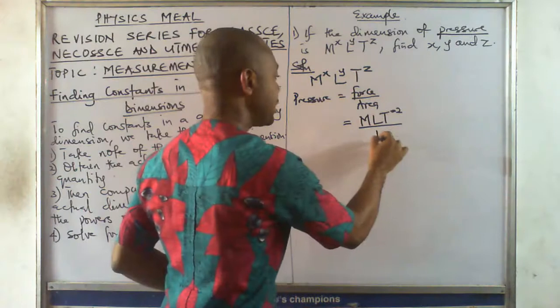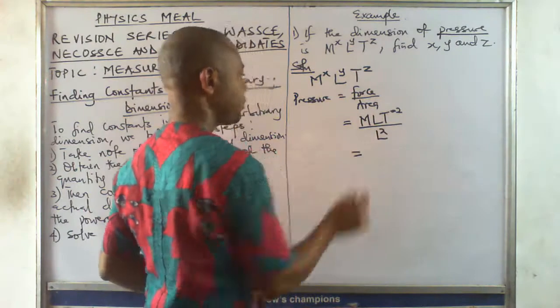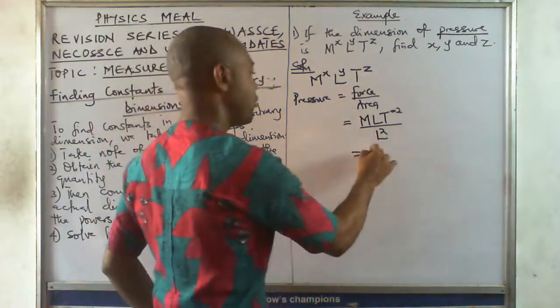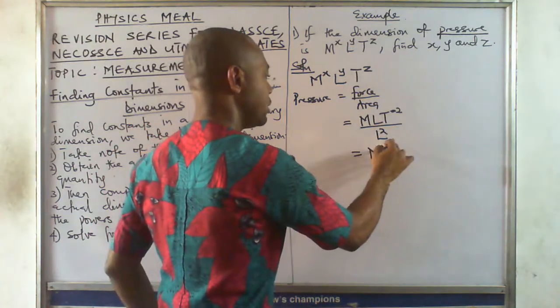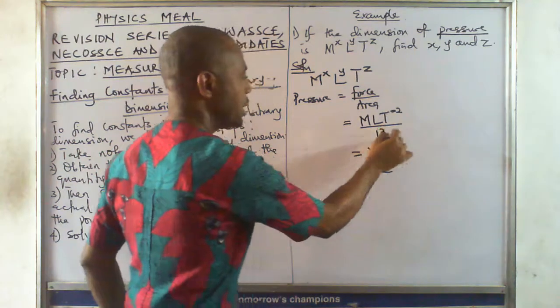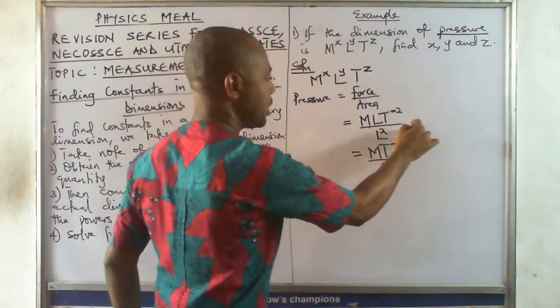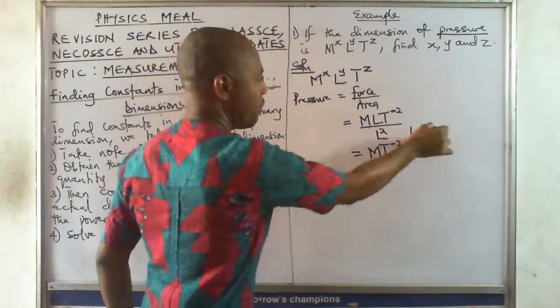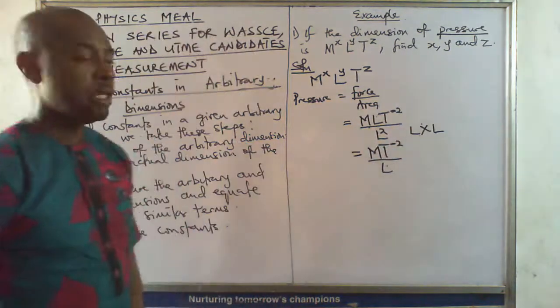So area is length squared. Now if you break this down, length can divide this. We are left with M T raised to power minus 2 all upon L, because length cancels, length times length would be length squared. So if I divide this, I'll be left with L in the denominator.